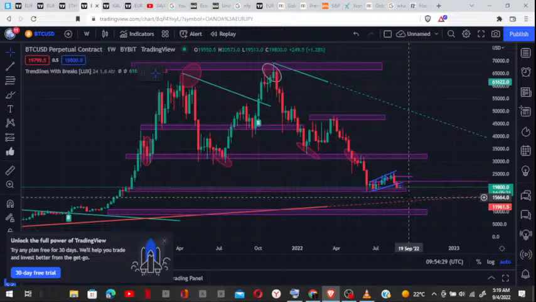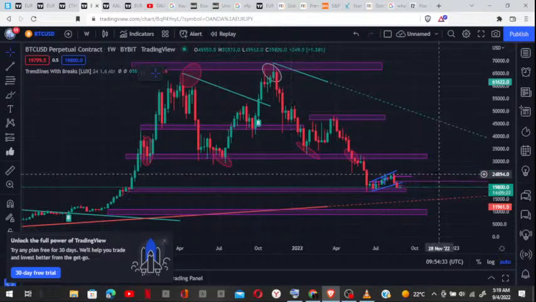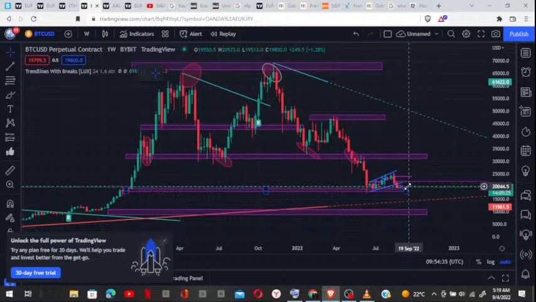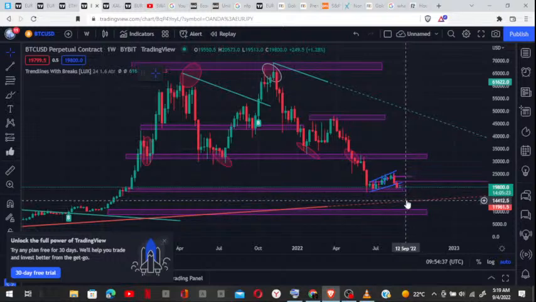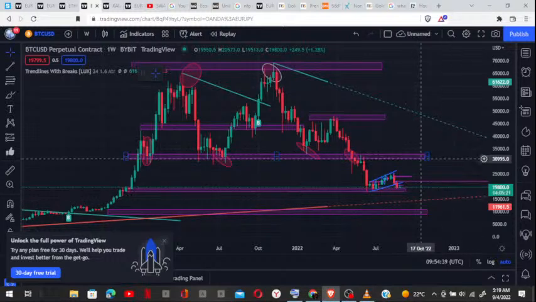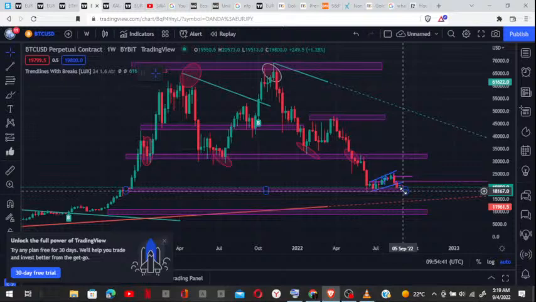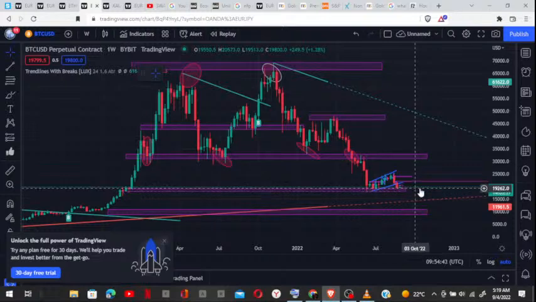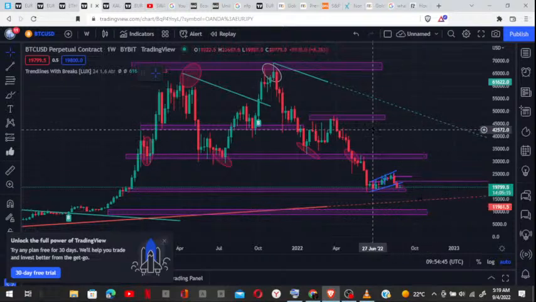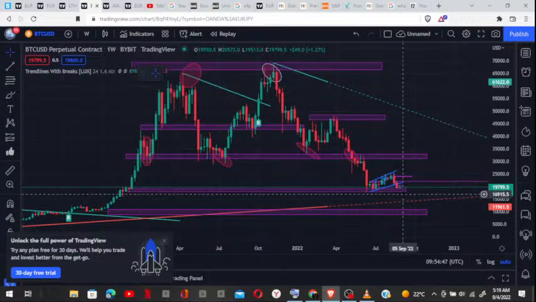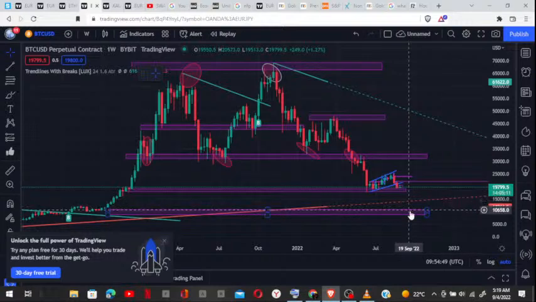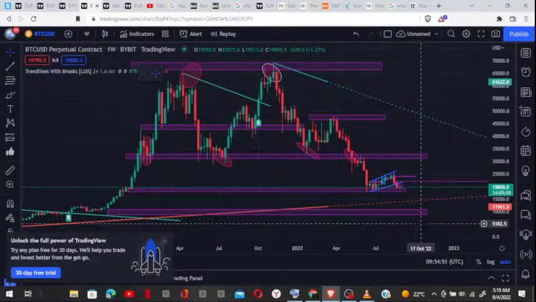So we're going to have our eyes on this in the 1 week time frame, looking at how this is going to happen, what is happening in the market basically. We'll be looking out, and if it breaks out from here, then we know that Bitcoin will be dropping further.